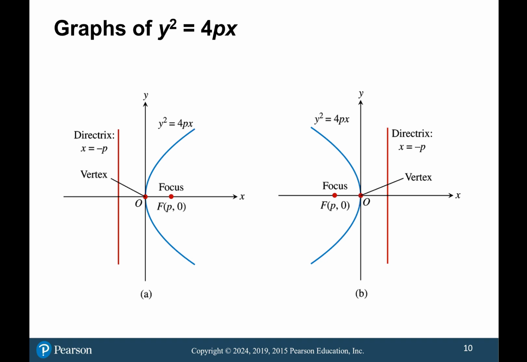So if it's 4px equals y squared, this is going to be, again, if p is positive, the one here on the left, it's going to open to the right, and the directrix is to the left. If p is a negative value, the focus is to the left. It opens to the left, and the directrix is going to be to the right.